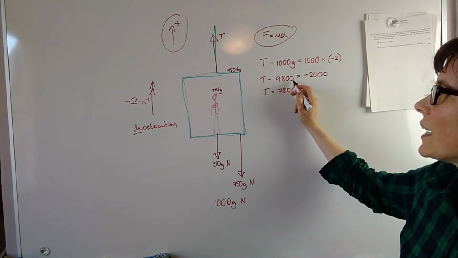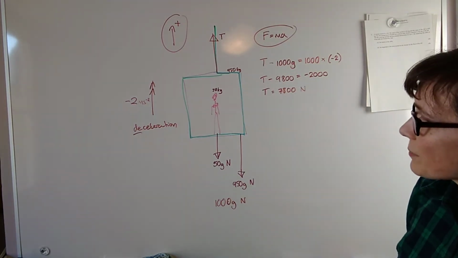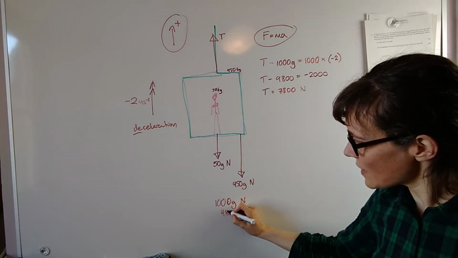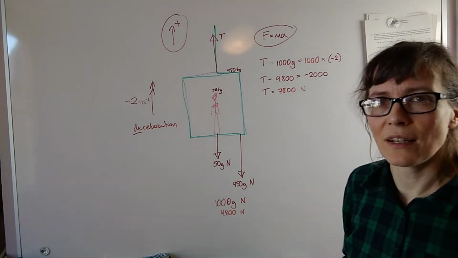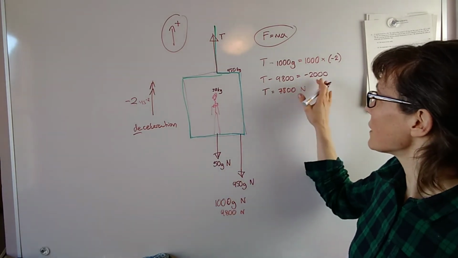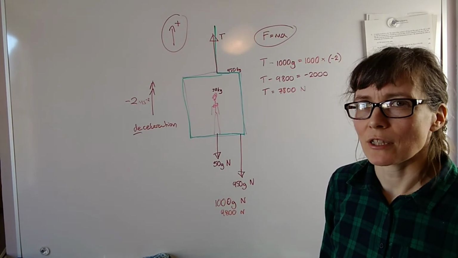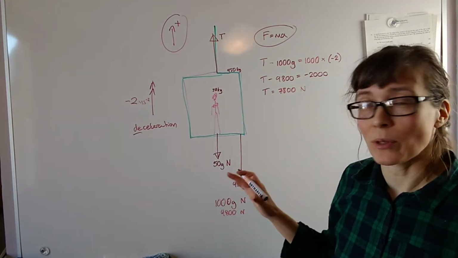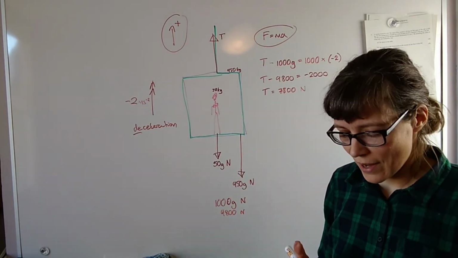So I'll have 9800 minus 2000. So that's my tension. Notice this is my 9800 newtons, and the tension is slightly less than the weight, which is why the resultant force is this 2000 downwards, which is producing this deceleration. So that's part one. Don't need to worry about separating the woman and the lift. Treat it all as one thing.